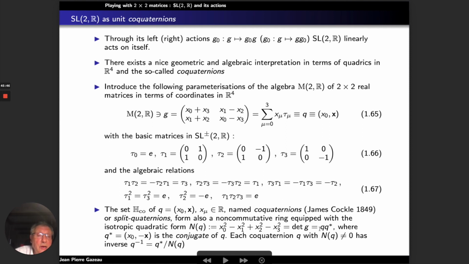And you can also check it's equal to Q times Q star, where Q star is the conjugate of Q. That means you change just the sign of the vector part, and each co-quaternion Q with n of Q different from 0 has an inverse Q minus 1, which is equal to Q star divided by n of Q. It's almost like complex numbers, except, of course, because the metric is not positive definite, you have non-zero co-quaternions which have no inverse, because in that case n of q is equal to 0.